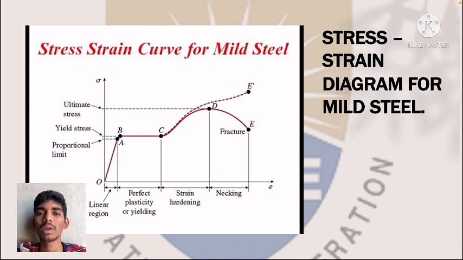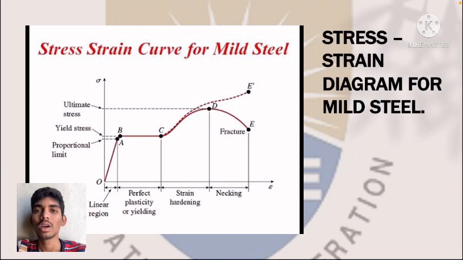By observing this graph, we can see that the x-axis is denoted by epsilon, strain, and the y-axis is stress, sigma, in which initially the material is at zero position.